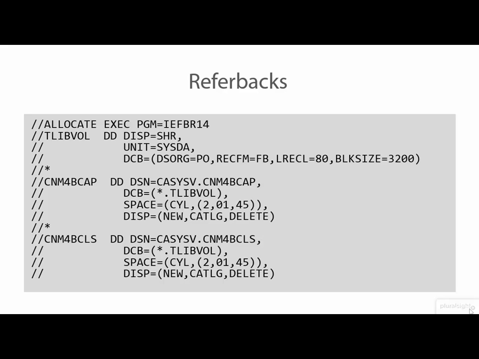And so as a general matter, we'll find that referbacks are not used very frequently in production JCL or in any work that potentially could be manipulated to eliminate steps or bypass steps in the event of reruns. So the referback has a very specific role. It can be useful, but it is not going to have widespread usage.